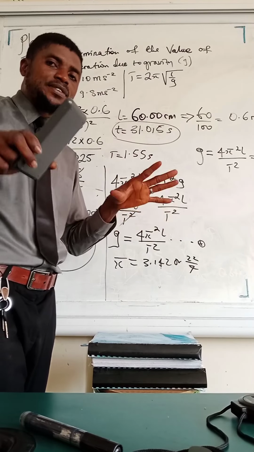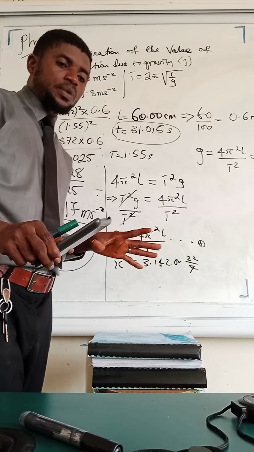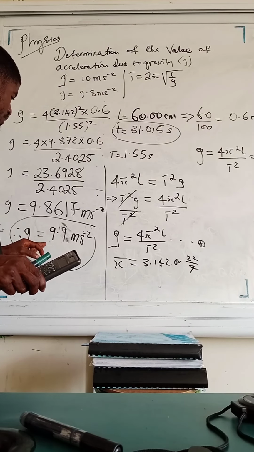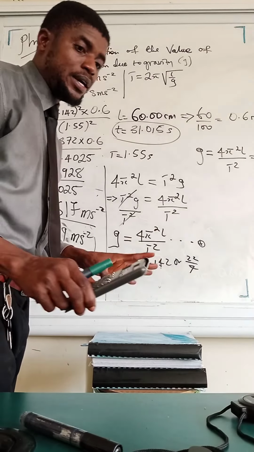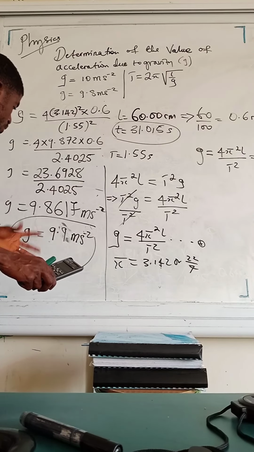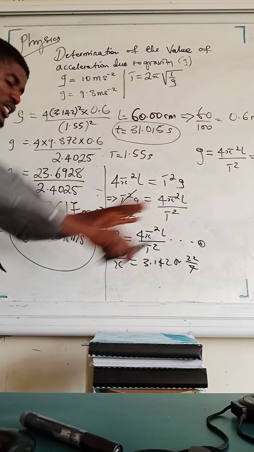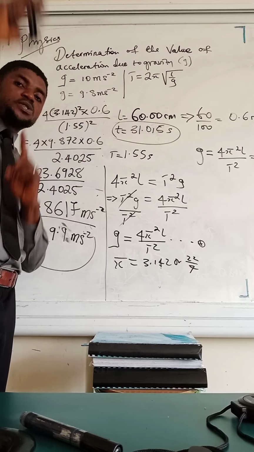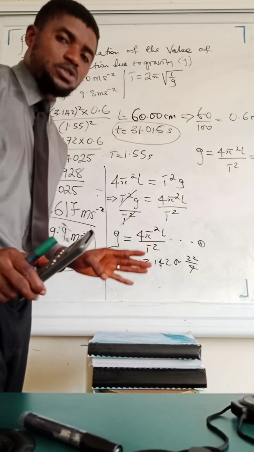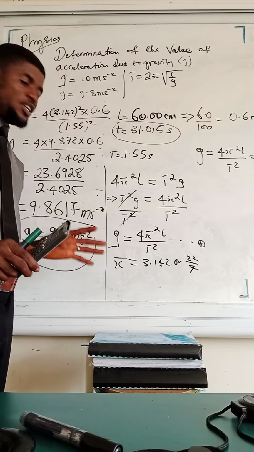For where I am standing right now, which is in Lagos, in this physics lab, this is what we have for G. If I go upstairs and run this experiment, I am not going to get the same results. Do you get it?